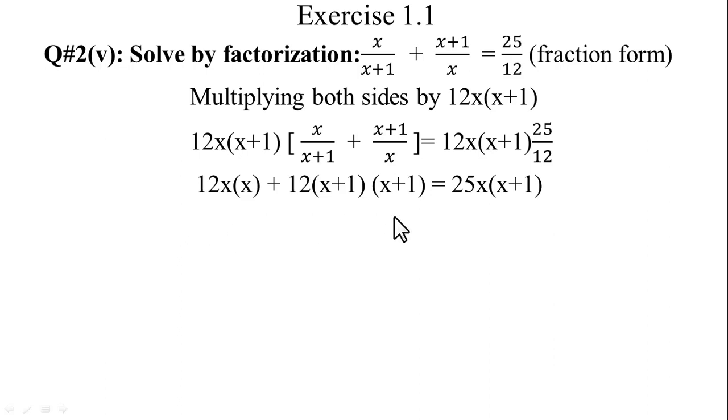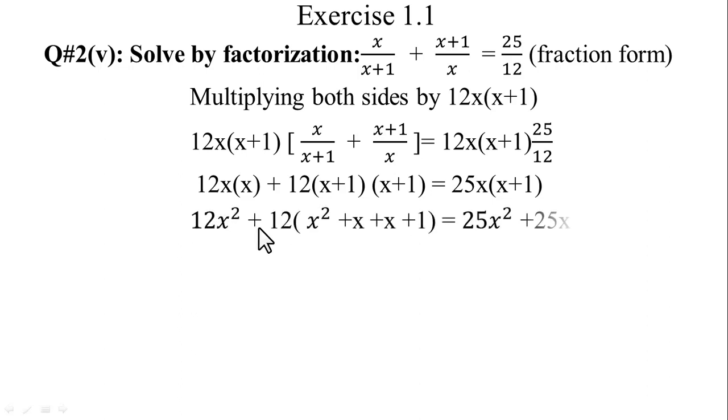Now multiplying these values, we get 12x square plus 12 into x multiplied by x, and x multiplied by 1, x plus 1 multiplied by x plus 1 multiplied by 1, is equal to 25x square plus 25x.